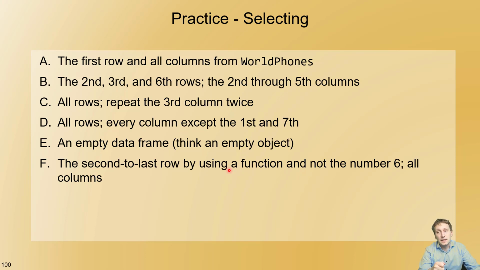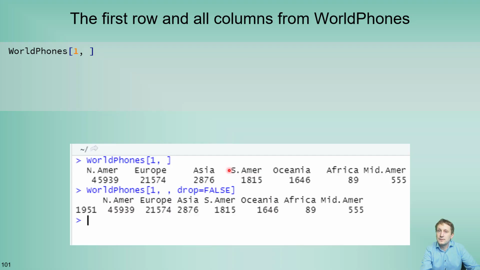Then create an empty data frame, so think about an empty object, and then select the 2nd to last row. And use a function there. Don't just simply hardwire the 6th row, but independent of how many rows this object has, always select the 2nd to last row with all columns selected. Okay, again, try that for yourself. Pause the video and then go back to it.